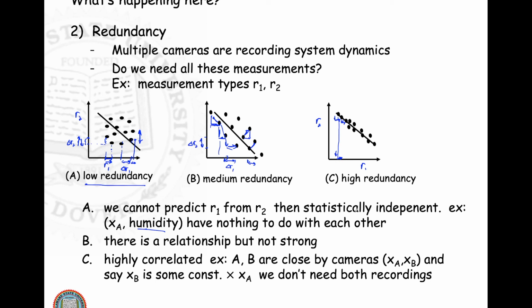An example of this is highly correlated measurements that you might get if you have two cameras. So let's say you have camera A, and very close by you have camera B. Now, in that case, the coordinate system for camera A and the coordinate system for camera B, if you're viewing the same motion for your spring mass damper system, they're both going to see something very similar in terms of the motion path.